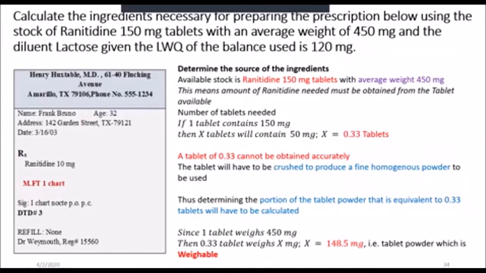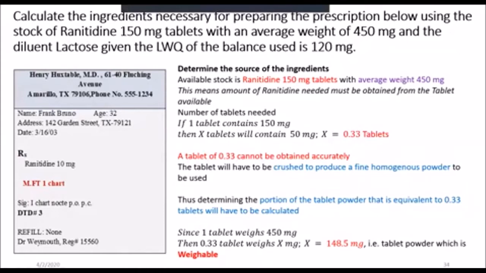If you recall, a tablet contains usually the active pharmaceutical ingredient and excipients. And the excipients could be diluents, dispersing agents or disintegrating agents, binders, lubricants. If it's a chewable tablet, it may have sweeteners and flavorants.